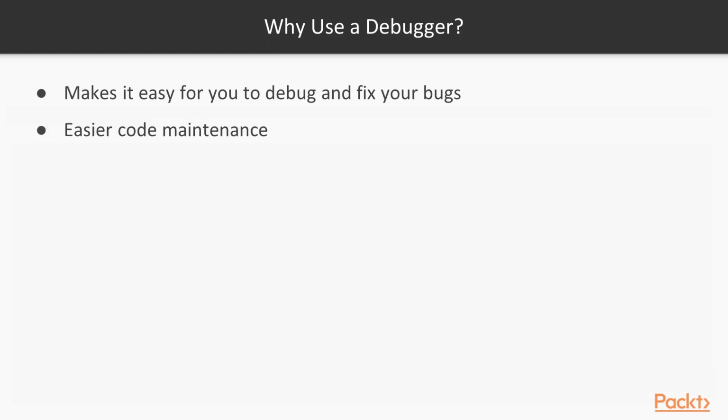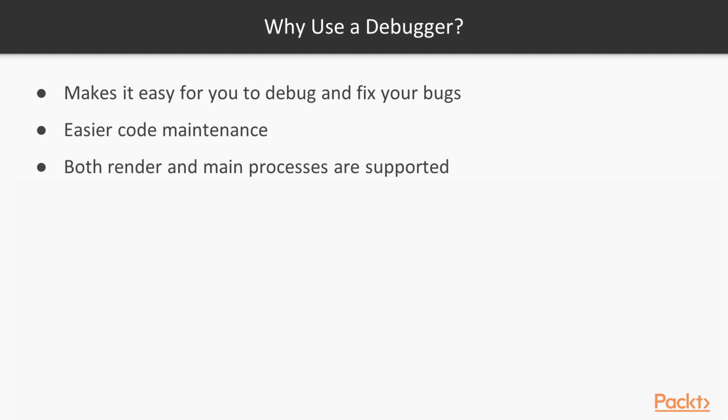Easier code maintenance is really important. You can use a debugger for maintaining your code, and it gives you detailed analytics about the code while it is running, like variables at runtime and objects, so you can take a quick look at how those are being manipulated.